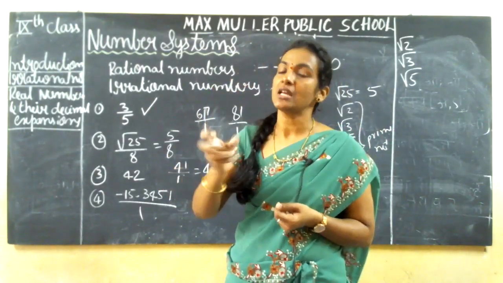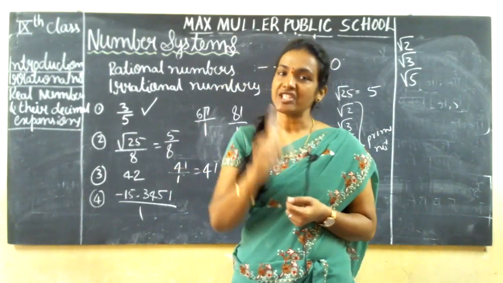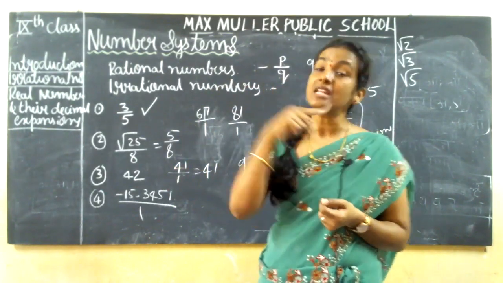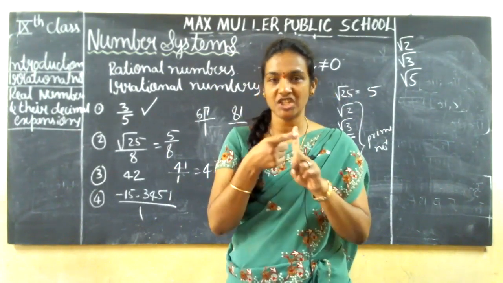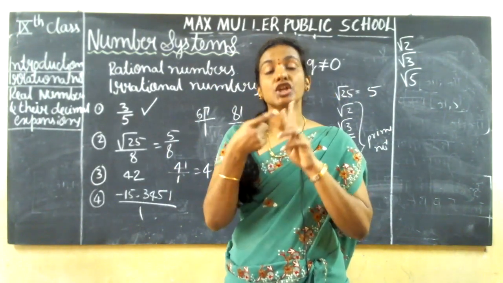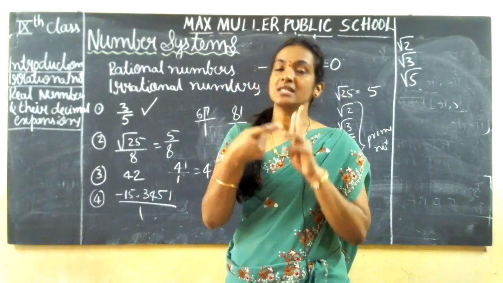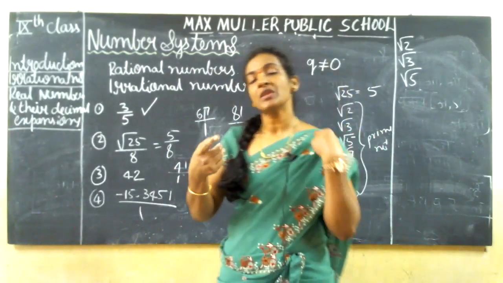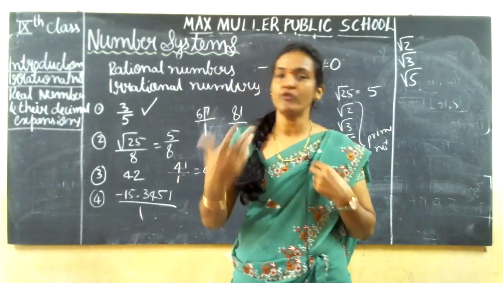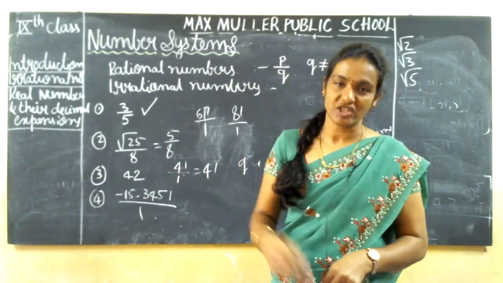How to differentiate rational and irrational numbers? A rational number means a number which can be represented in the form of p by q. This is the first condition. The second condition is that q should not be equal to 0. Whenever you get numbers as a ratio, obviously you can say it is a rational number.